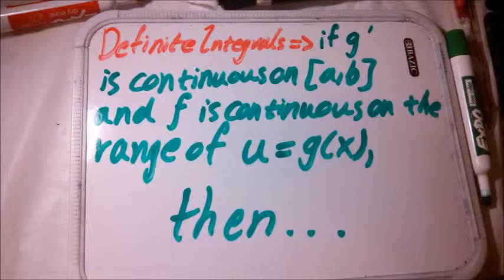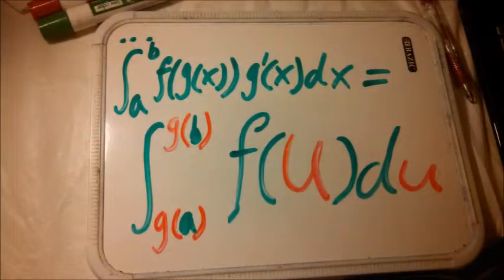The substitution rule for definite integrals states that if g prime is continuous on a to b, and the function f is continuous on the range of u equals g of x, then the integral from a to b of f of g of x times g prime of x dx equals the integral from g of a to g of b of f of u du.